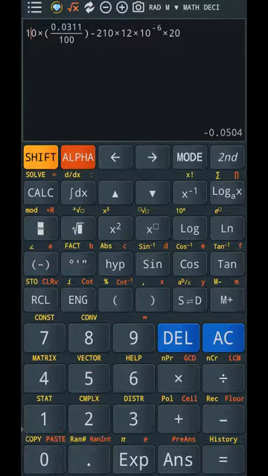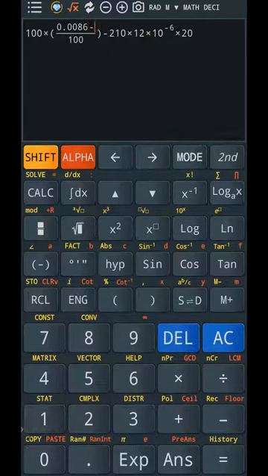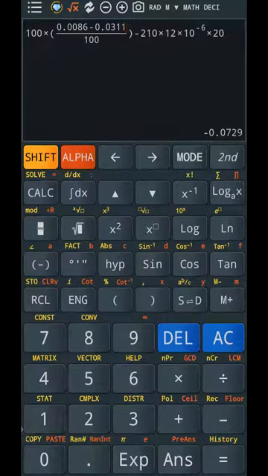Just do that. 100. So when we do that for element number 2, all of you just do that and let me know the answer.